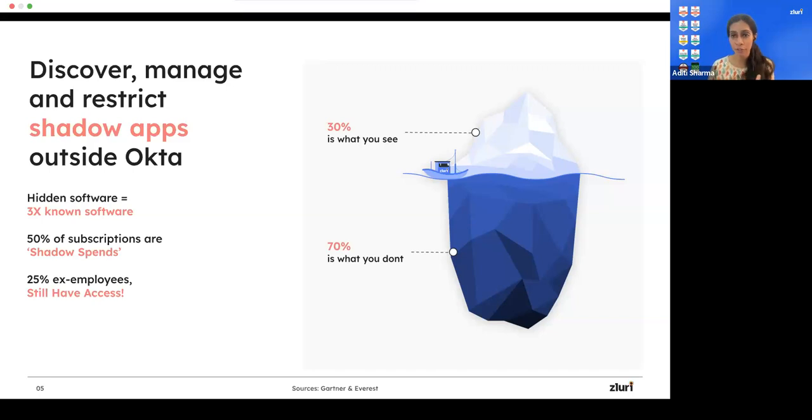We have a bunch of different discovery methods through direct integrations with applications, browser agents, desktop agents, integrations with HR systems, expense systems, and so forth, which gives you full visibility into the different shadow apps within your organization. We also give you visibility into who has access to those applications, and we can also help you manage and restrict usage for those apps.